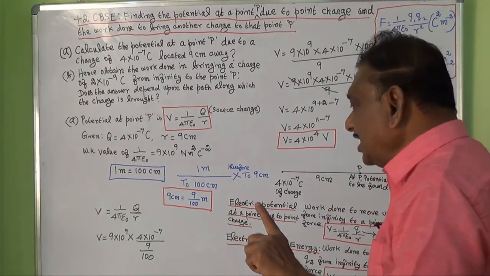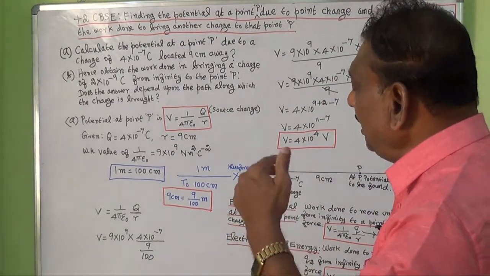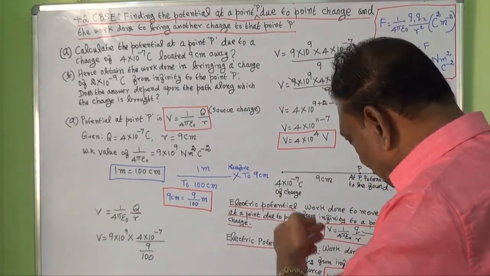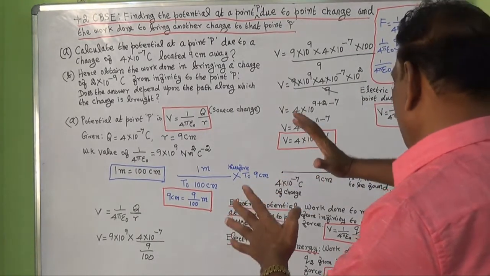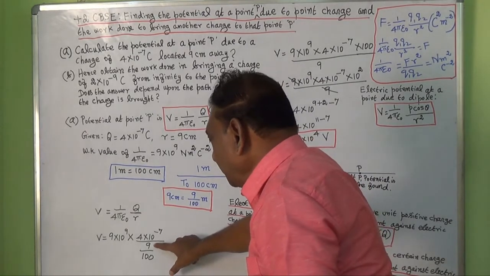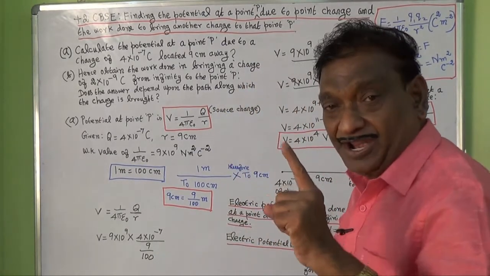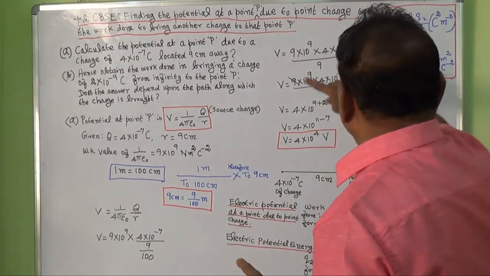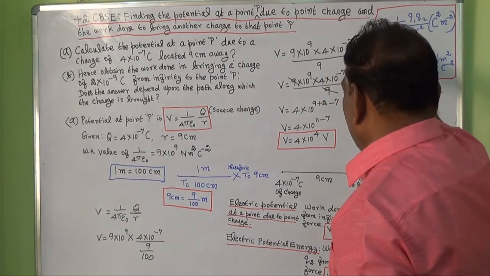If the fraction comes as denominator, we can reciprocate and multiply. So if we reciprocate the denominator, that is 9 by 100, the 100 will be brought to the numerator.